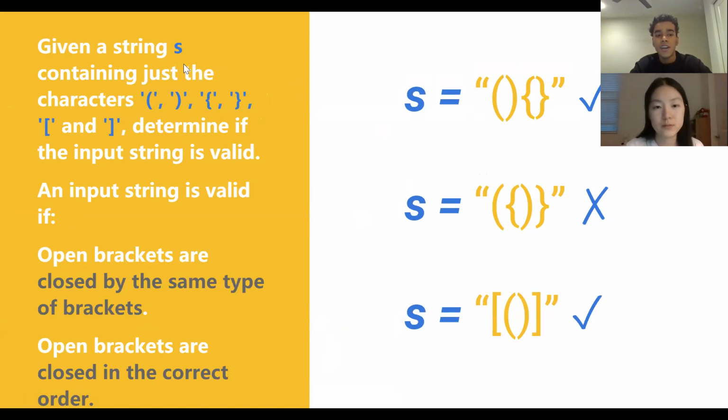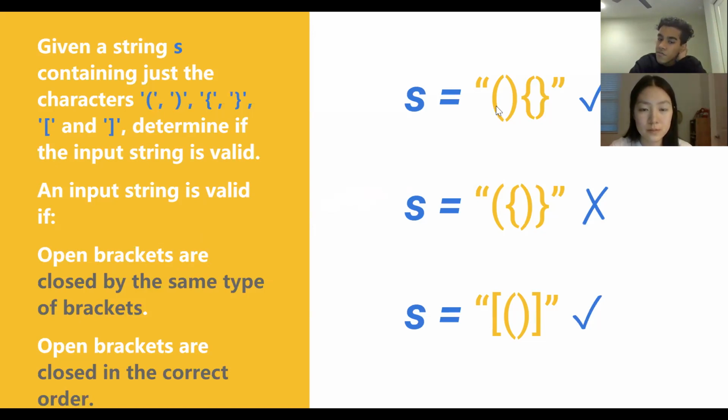You're given a string S containing just parentheses characters, as you see over here, one of the 3 types, and you have to determine if the input string is valid parentheses. And you determine this with 2 conditions. Is the opening bracket closed by the same type of closing bracket? And is the opening bracket closed in the right order?